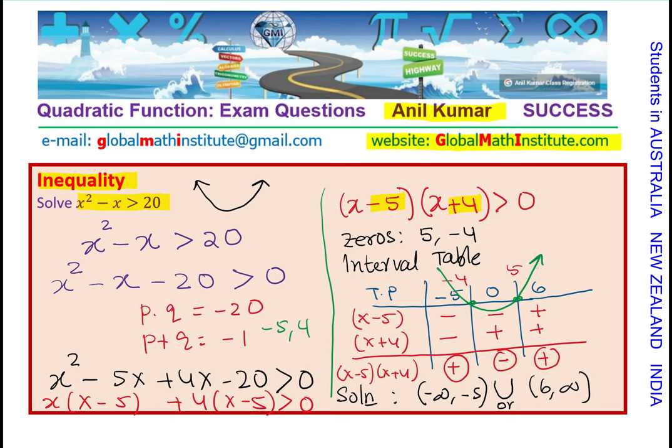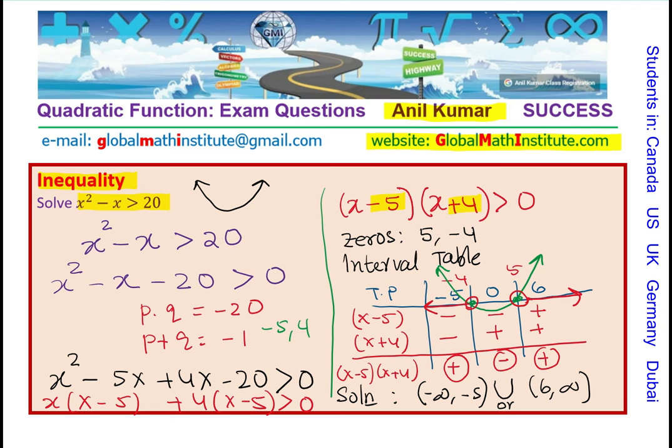You can see from the graph very clearly that the solution lies on the left side of minus 4, or on the right side of 5. Is that clear to you? So that is how we could rewrite the solution straight from the graph. In that case, you do not have to do the interval table.